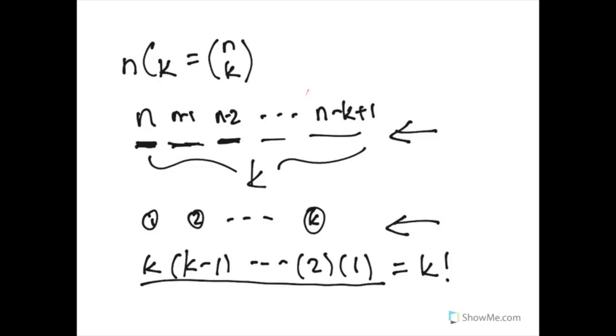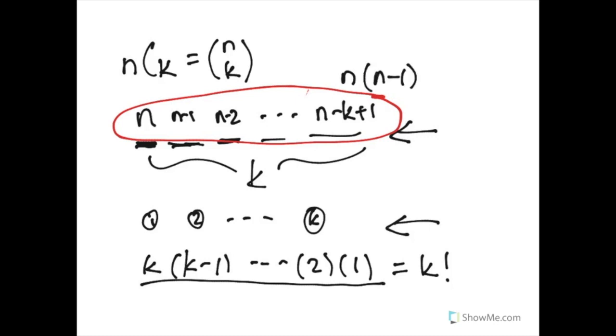So just as a first practice for using factorials, see if you can figure out a formula using factorials for the formula over here. And the formula over here, if you haven't figured out, is n multiplied by n minus 1 multiplied by n minus 2 all the way to n minus k plus 1.